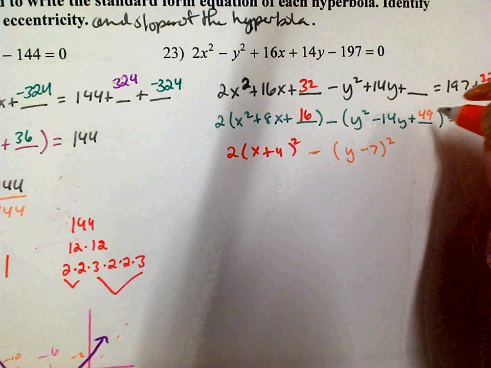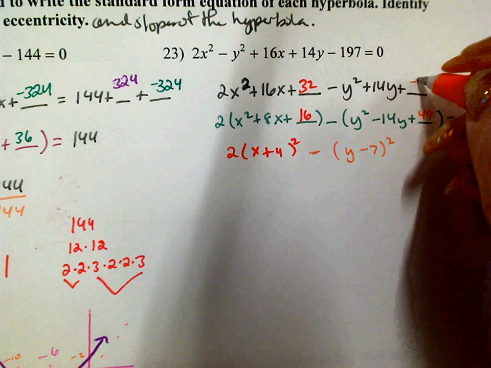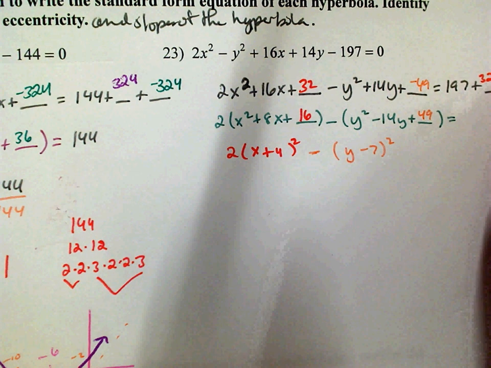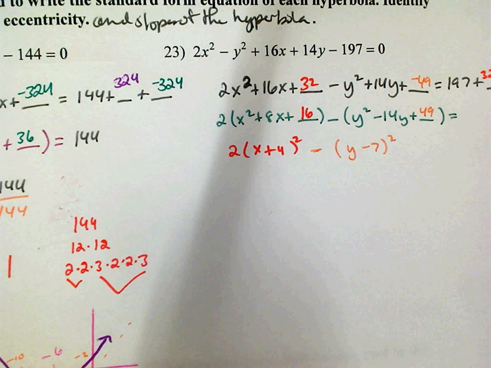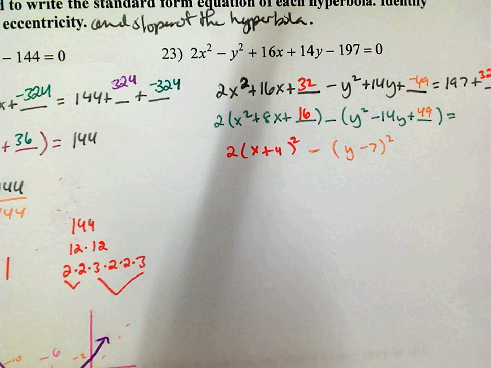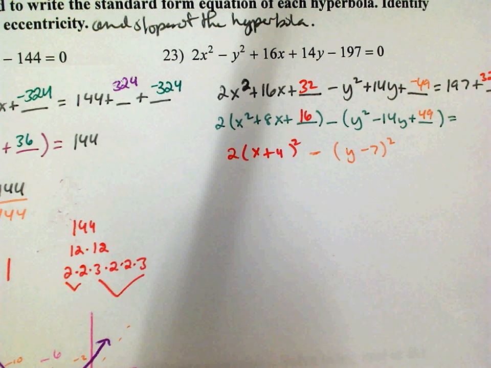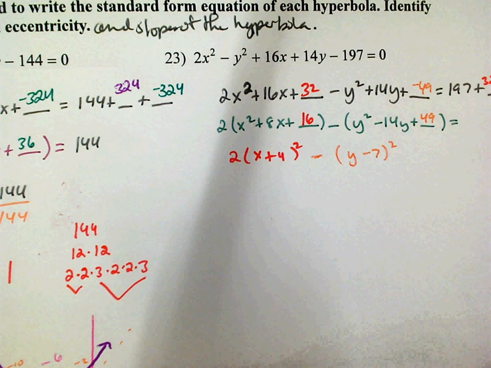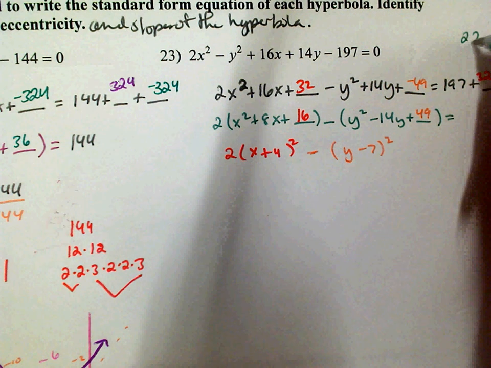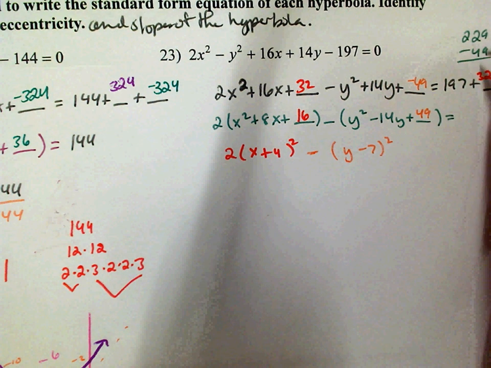So I'm going to subtract 49 here. So 197 plus 32 is 229. And then 229 minus 49 is 180. Okay, so 180.